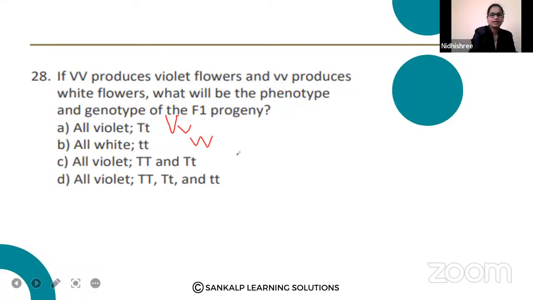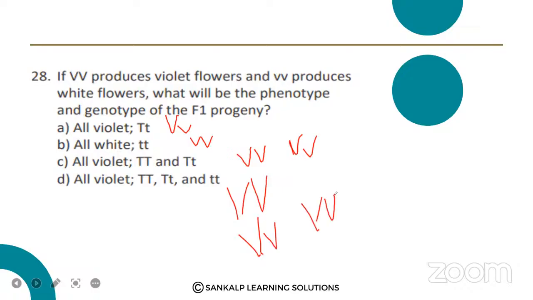Here it is homozygous violet, then heterozygous violet, then capital letter VV, then heterozygous Vv, then small letter vv. Option D, ma'am. Okay.